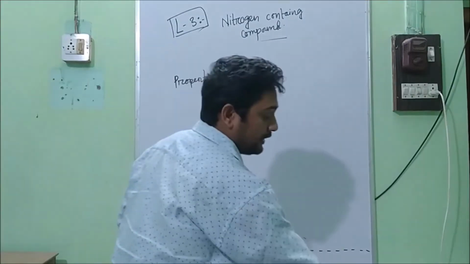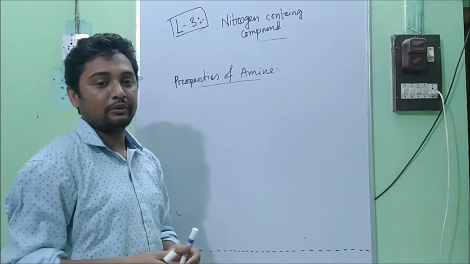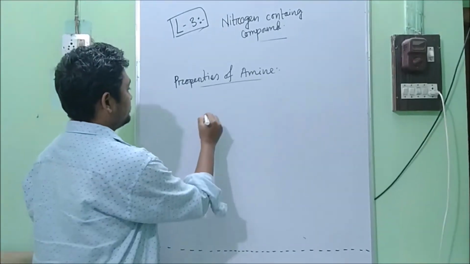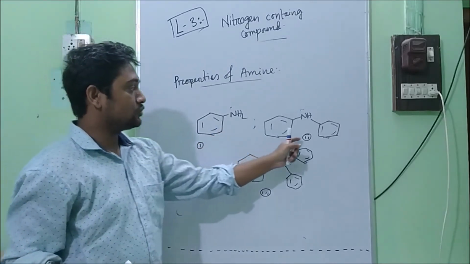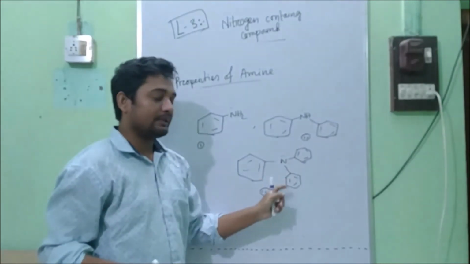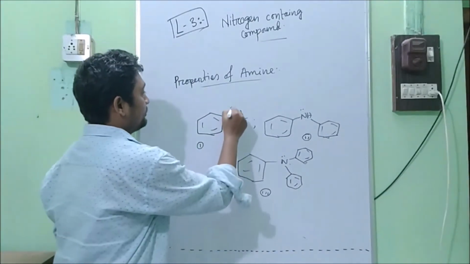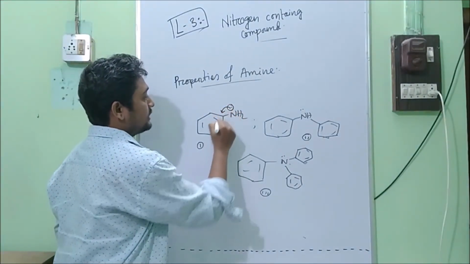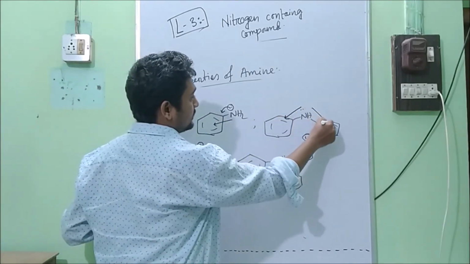Now if we compare different kinds of aromatic compounds like that, here there is one benzene ring, there are two benzene rings with this nitrogen atom, and there are three benzene rings with this nitrogen atom. Now this lone pair will undergo resonance towards this benzene ring. This lone pair will go this way and this way.